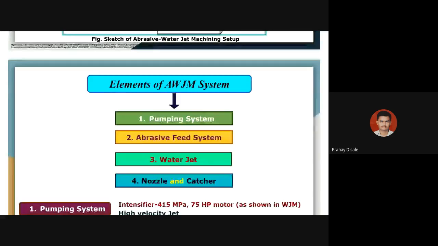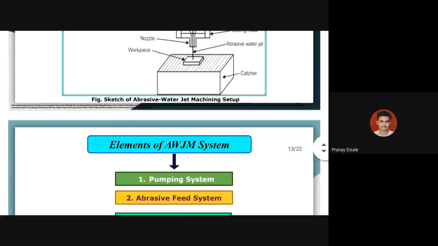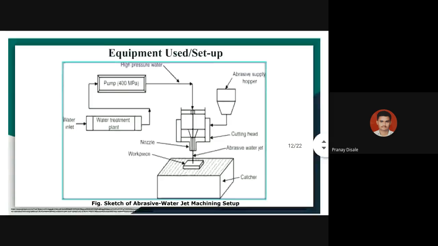Then the water jet; in detail we'll continue this point in the next lecture. And then we have the nozzle and catcher. The catcher is used to catch the used abrasive water jet particles. It is also called the drainage. In detail I'm going to continue this part in the next lecture.